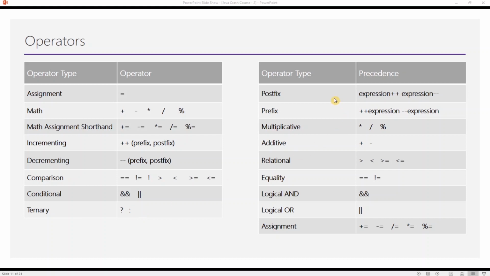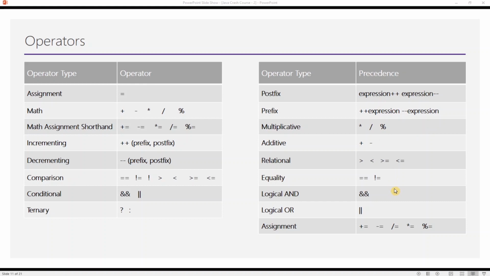Furthermore, we have listed the operators by their evaluation precedence. The closer to the top of the table an operator appears, the higher its precedence. This means that if we have a statement that includes a couple of these operators, then these operators get evaluated based on their precedence, with operators of higher precedence evaluated first.